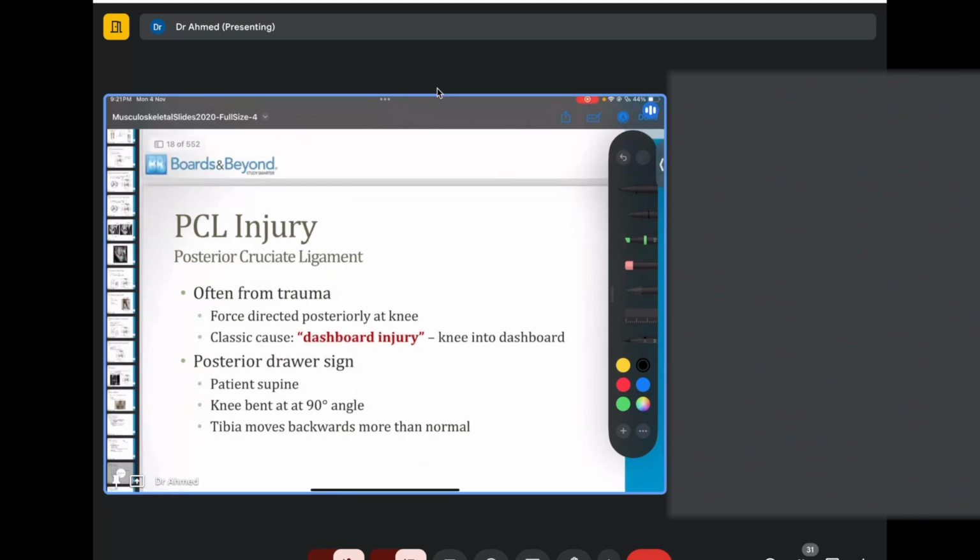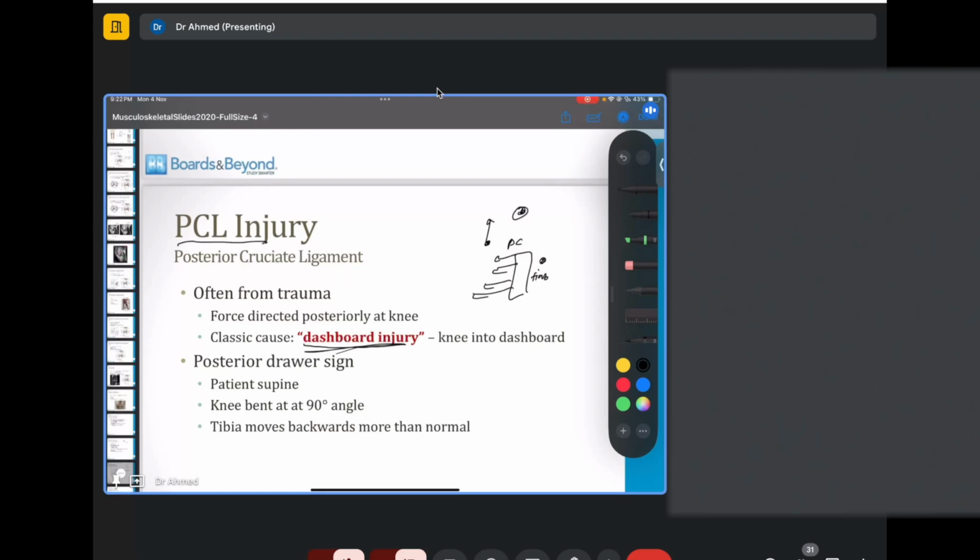Okay, so the posterior cruciate ligament is damaged in the dashboard injury. For example, if a person is in a car accident, his knee is going to hit the dashboard. As I have already discussed, when you have direct injury to your tibia, it can damage your posterior cruciate ligament.